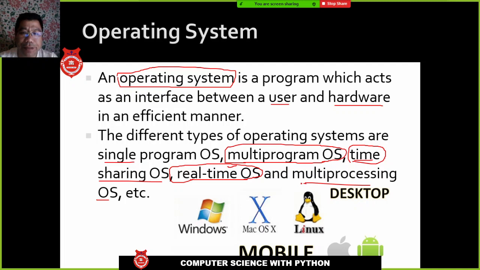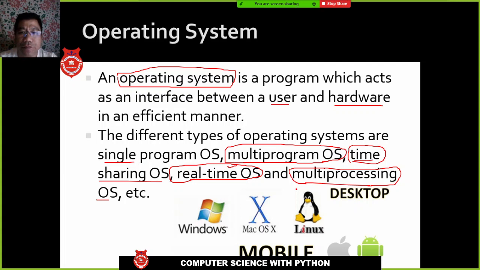And we have multi-processing operating systems nowadays. For example, that operating system may support multiple processor. For example, nowadays we are having many core CPUs, right? Not only one CPU.